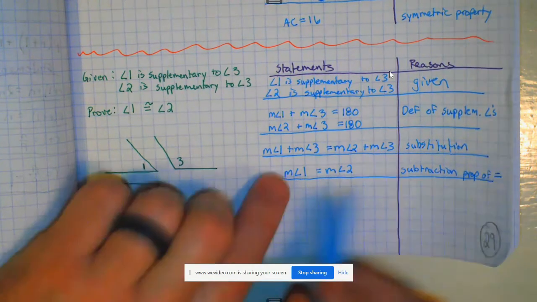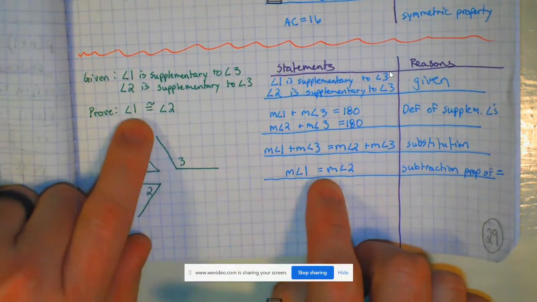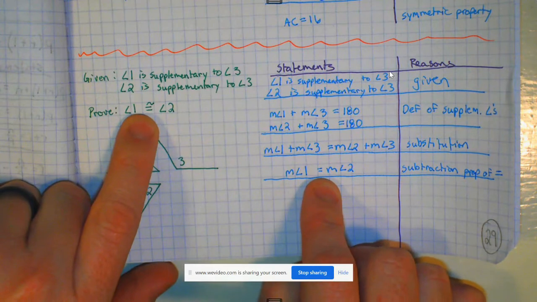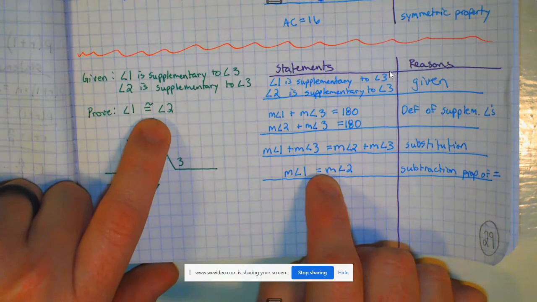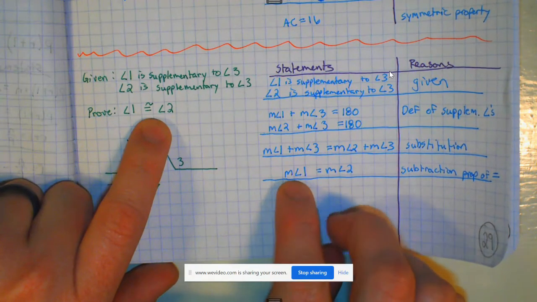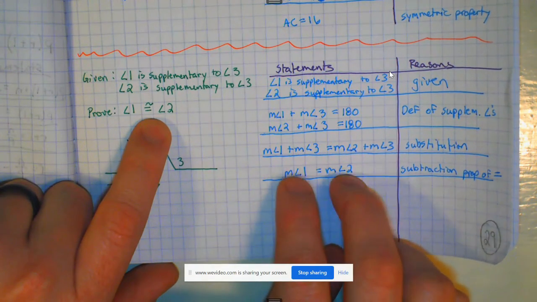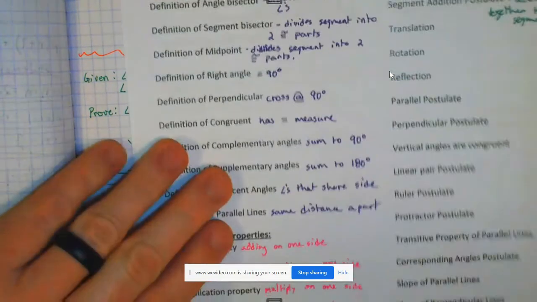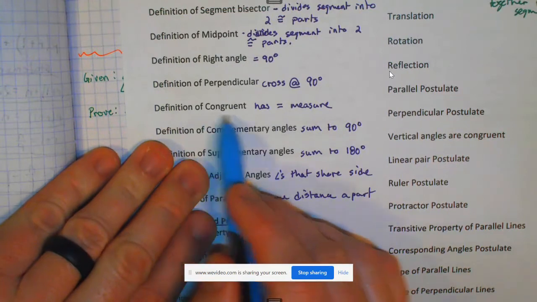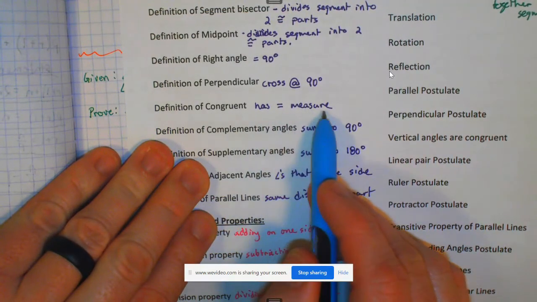Now, if we look here, we don't quite have what we need to prove. Here I have an equal sign, here I have congruent. Well, if the measurements of these two angles are equal, then they are congruent. We talked about that at the beginning. Definition of congruent: has equal measure.